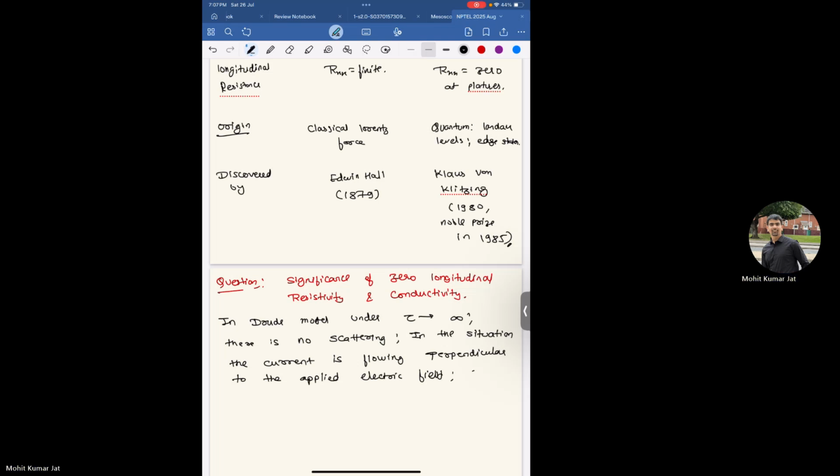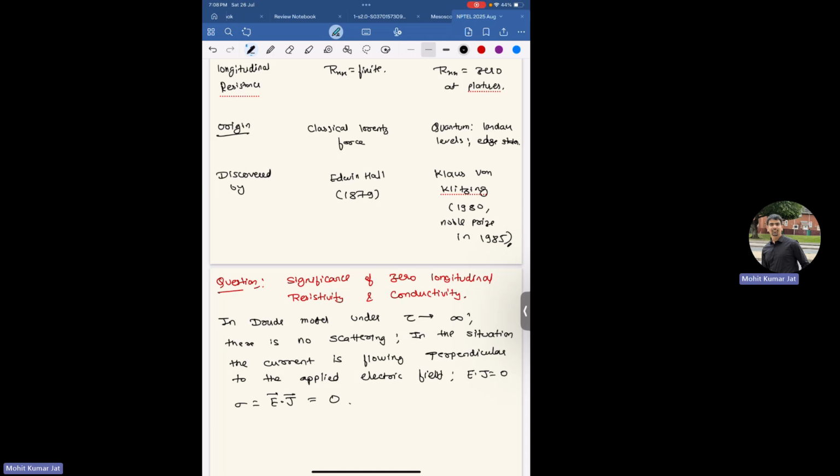So E dot J, that's what we call conductivity, right? Sigma equal to E dot J. Since the direction of the moving carriers is in the transverse direction to the applied electric field, and E dot J is nothing but the interpretation of the work done in accelerating charges, this will be 0. And what does it mean?